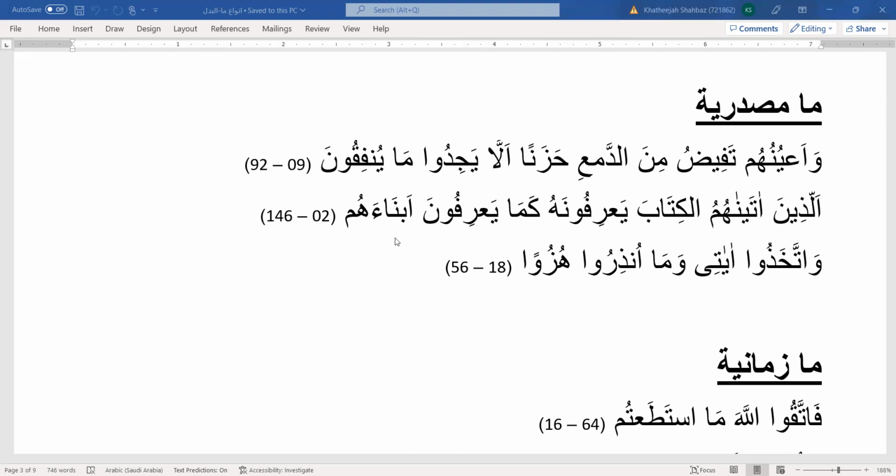Sorry, abnahum means their sons. I was saying it wrong all the time. As they're recognizing their sons. So now it makes more sense. Those who we gave them the book, they recognize him as they're recognizing their sons.